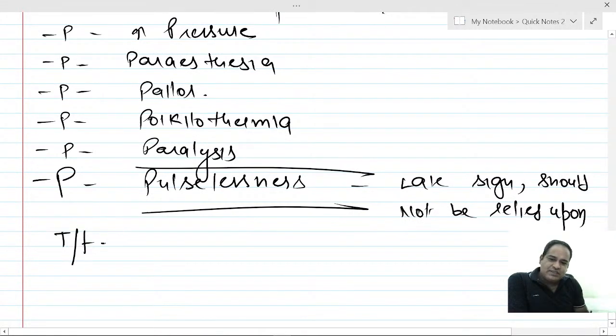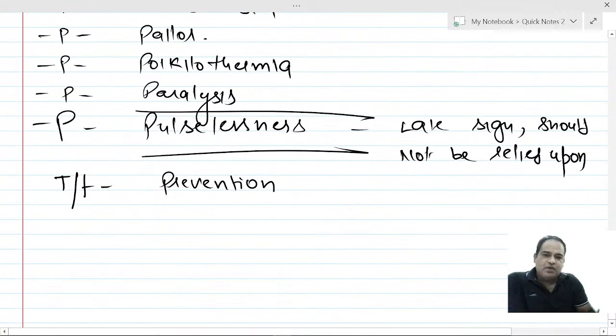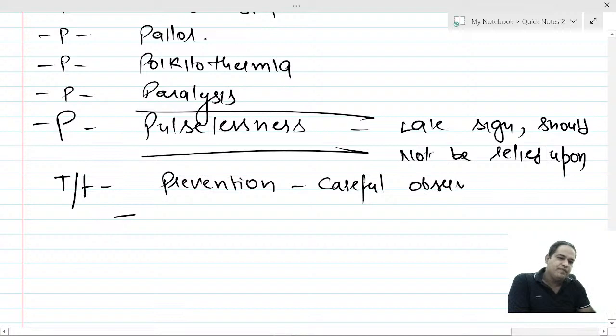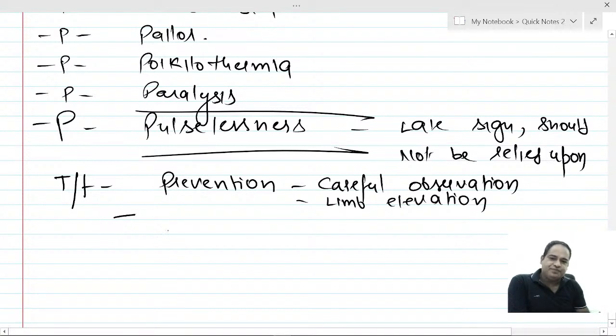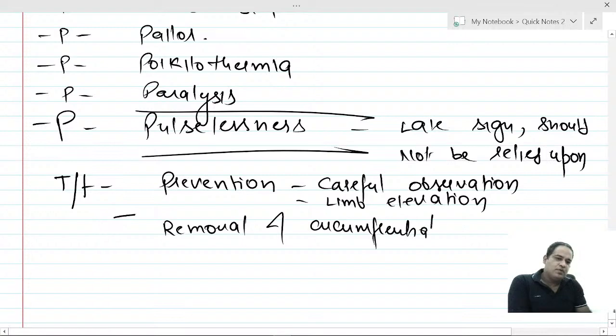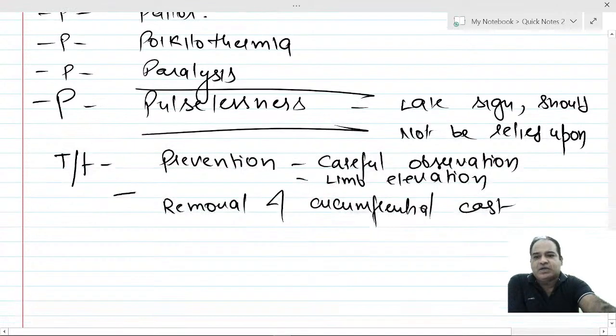What is the preferred treatment? Preferred treatment is prevention. How to prevent? Prevention by careful observation, by limb elevation, removal of circumferential cast.